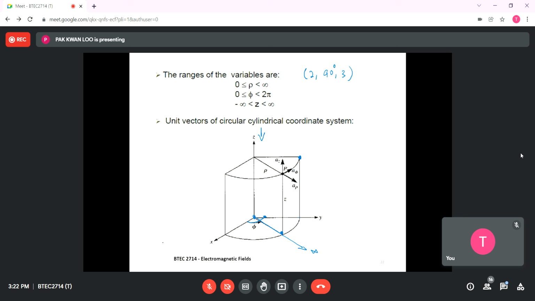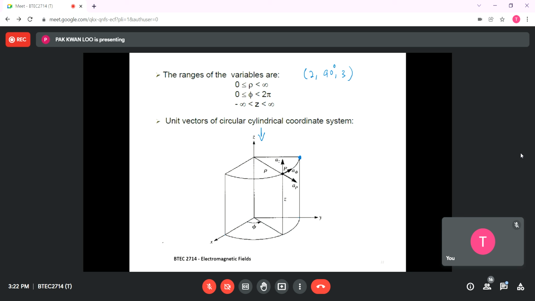And phi is also perpendicular to both z and rho. You may ask, why is it perpendicular?